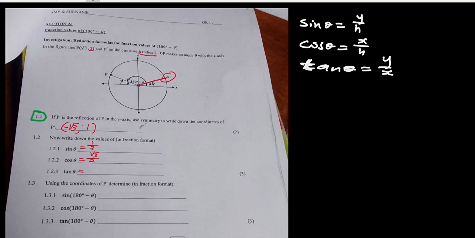And for tan, your value of y is 1 and your value of x is root 3. Now they want us to use the point P, which is this one.